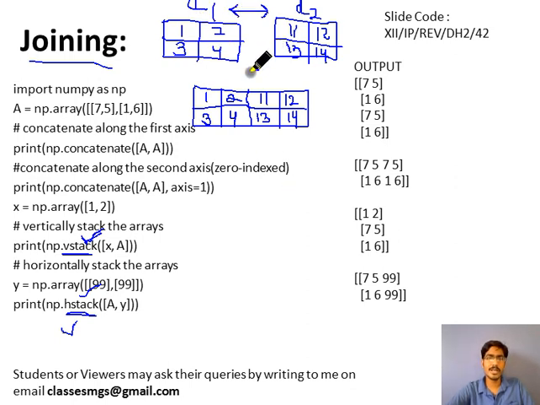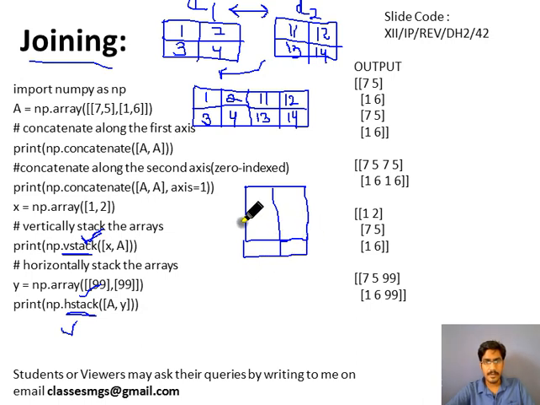If you want to join these two arrays vertically, then you can do it like this. This is an example of vertical joining. Let me show you. So with these two arrays vertically, 1, 2, 3, 4, one array will come, and below this array another array will come: 11, 12, 13 and then 14.